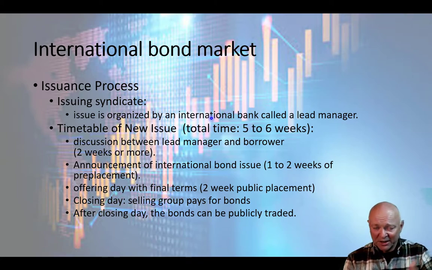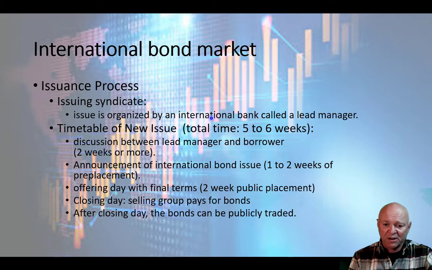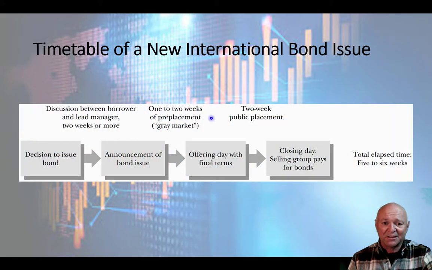So the $100 million, let's say, will then be dispersed to the client, and after the closing day, the bonds will be publicly traded. The underwriters will have pre-sold probably more than 100% of the entire issue to their best clients, who can then resell them, hopefully at a premium. So we can see an example of that timetable for our issue.